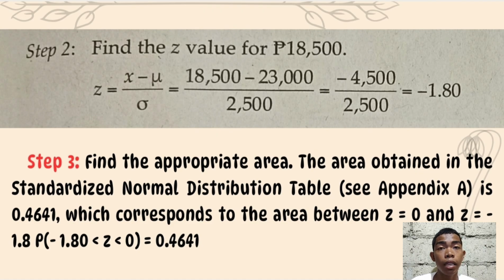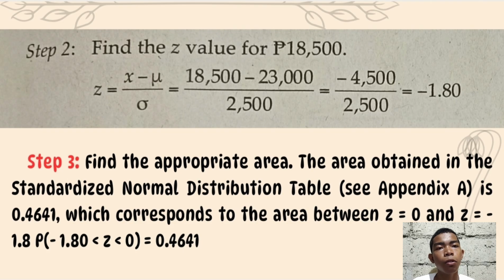The formula is z equals x minus the population mean over the population standard deviation. So x is 18,500, the population mean is 23,000, and the population standard deviation is 2,500. So z equals negative 4,500 over 2,500, which equals negative 1.80.